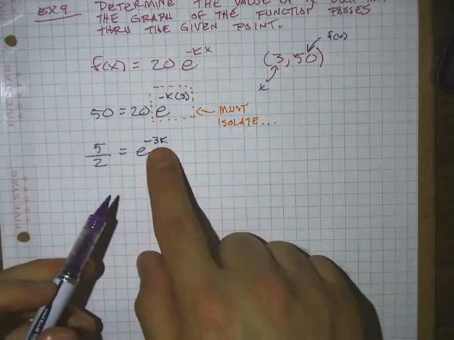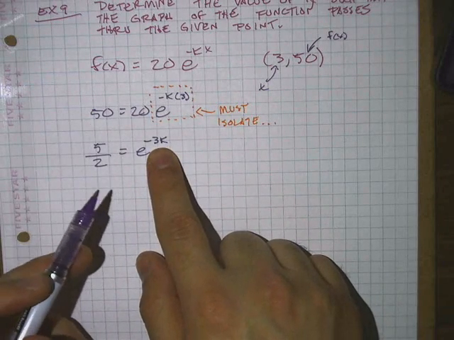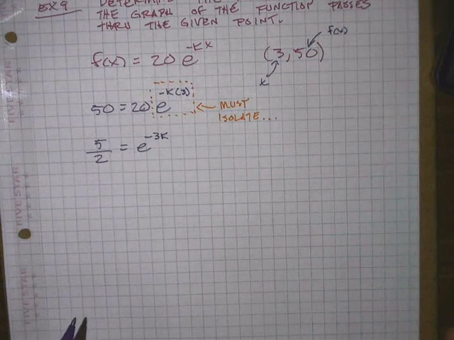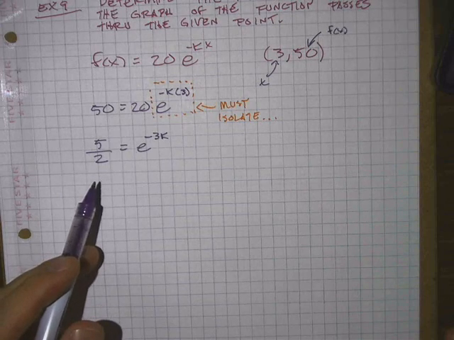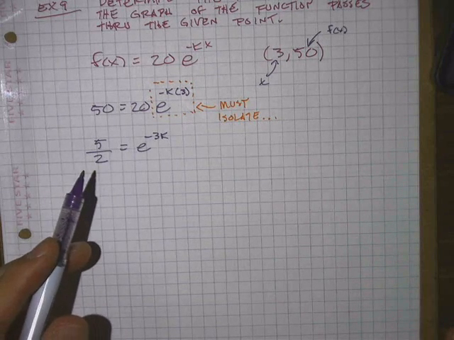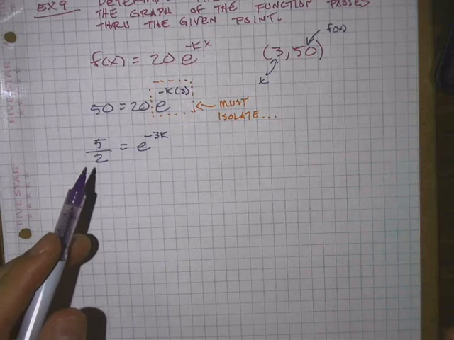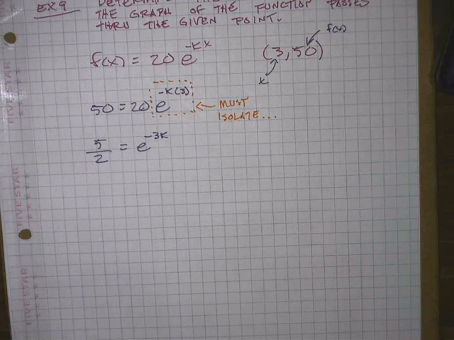Is anybody bothered by the fact that I put negative 3k here? No, right? All I did was I switched the order, so it's not that big a deal. To keep it in a fraction form? It doesn't really matter, to be honest with you. I just don't have a calculator handy with me, so I'll leave everything in terms of fractions and square roots.